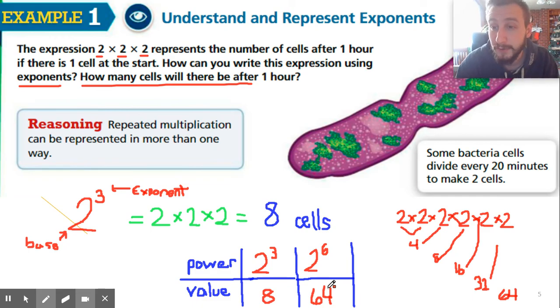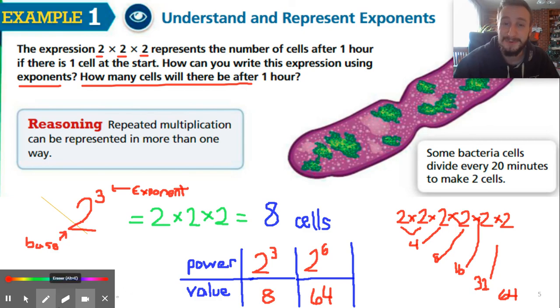If you're on a computer, look at the number 6 on your keyboard and you'll see that caret icon. That means to the power of. So 6 caret 2 means 6 to the power of 2. So if you wanted to solve this problem on a calculator, you would type in 2 caret 6 and you would get 64. Okay, so that's how we can use exponents.